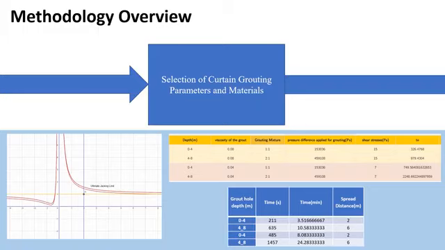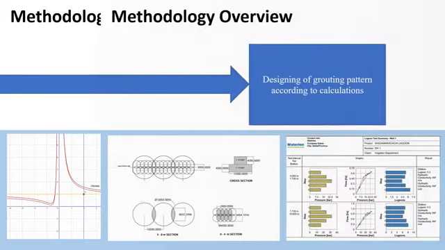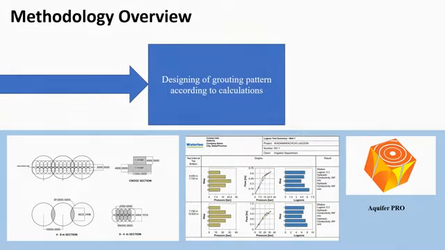From there, we selected the key parameters for the curtain grouting, including grout mix, curtain thickness, hole spacing, and injection pressure tailored to the site conditions. Finally, we designed the grouting pattern itself based on our calculations to ensure effective coverage and foundation stability.